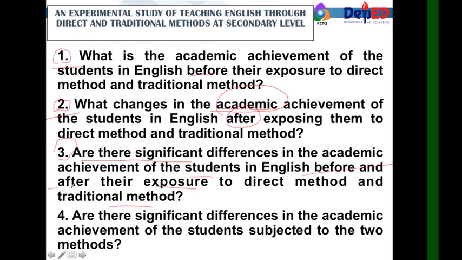Ibig sabihin, halimbawa, Group A, na-expose sila sa direct method. Bibigyan ko sila ng pretest. Then, magtuturo ako ng English using direct method. And then, bibigyan ko sila ng post-test. Group B, bibigyan ko sila ng pretest. Magtuturo ako ng English using traditional method. Then, bibigyan ko sila ng post-test.